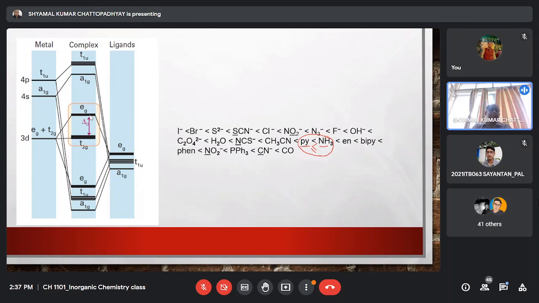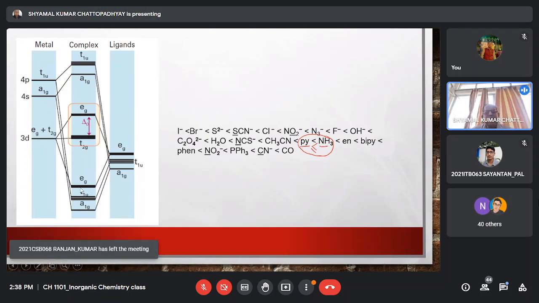So that reality, both experimental and theoretical inputs, suggest that there is appreciable covalency. I will not go into the details of the experimental evidence in favor of covalency, but there is an enormous amount of experimental data which suggests appreciable covalency in the metal ligand bonding that is taken care of by the molecular orbital theory.